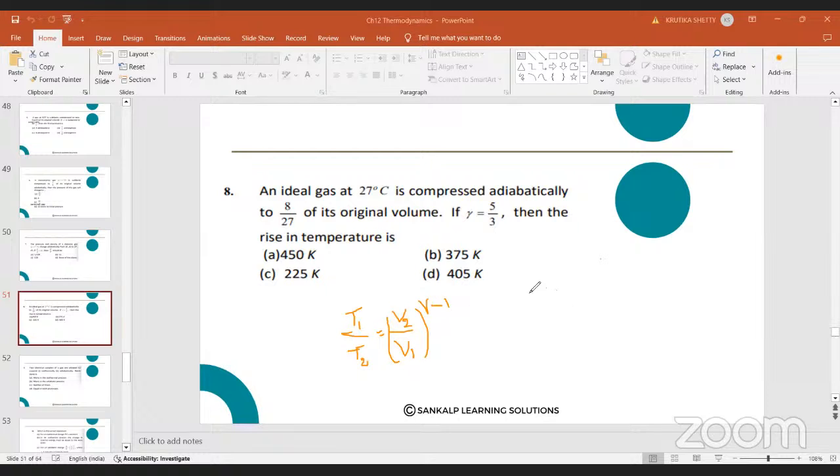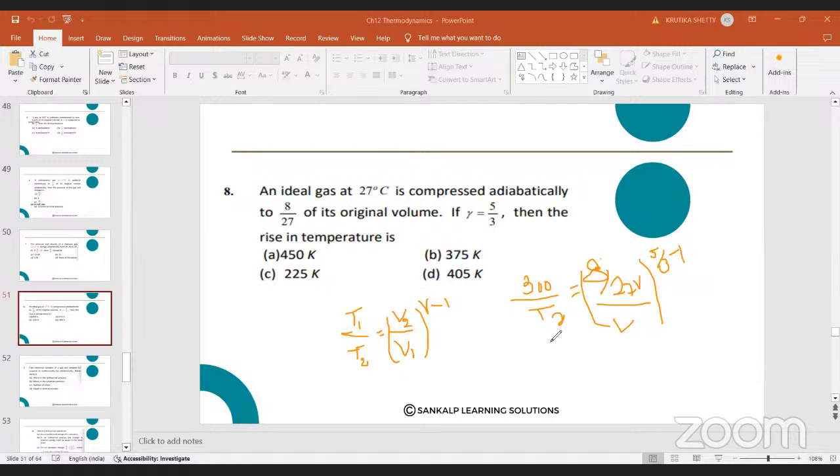So the temperature T1 value is 300 and T2 keep it as it is, and the volume is 8 by 27 into V upon V. So V will get cancelled, no problem in that. And to the power of gamma minus 1, that is nothing but 5 by 3 minus 1.